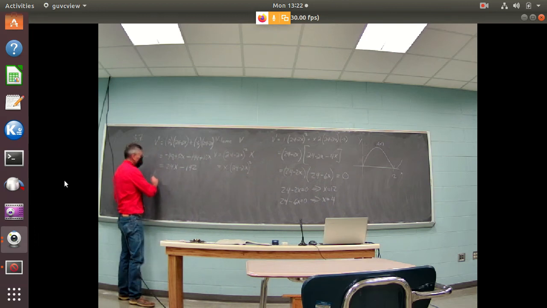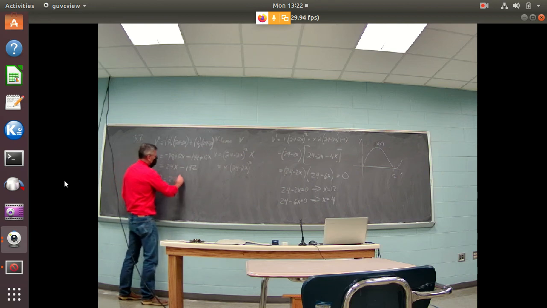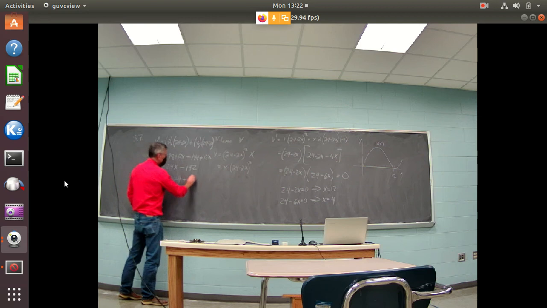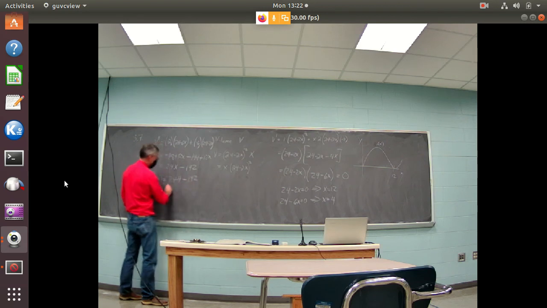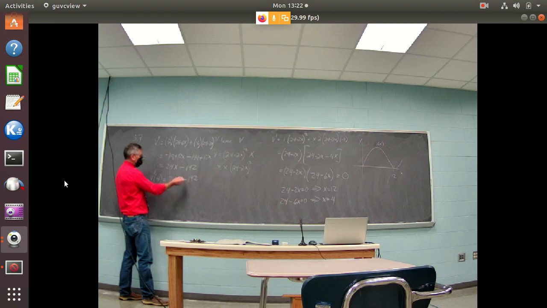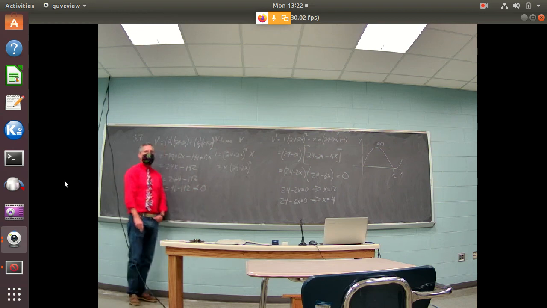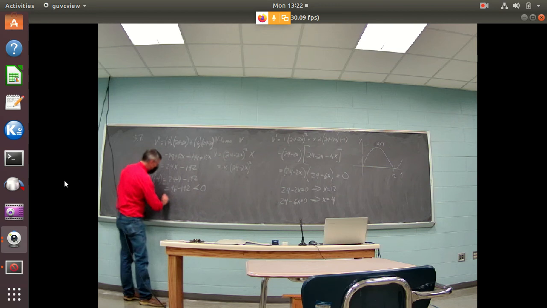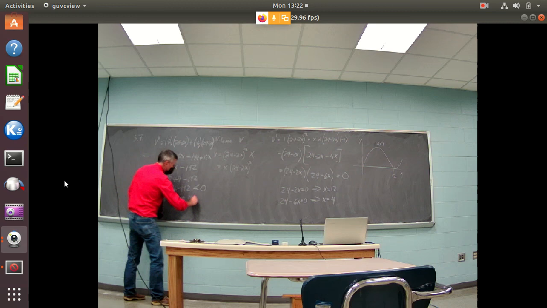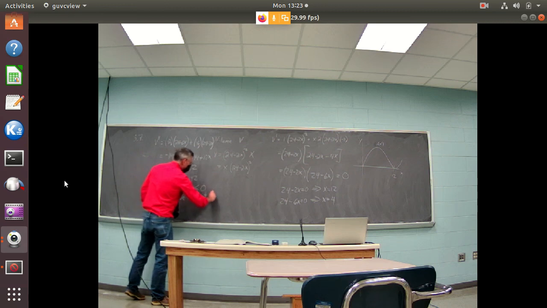So V double prime of 4, I get 24 times 4 minus 192, and that's 96 minus 192, and all I really need to know is it's negative. I don't really care what the value is. I just need to know it's negative. And so this is a relative max at x equals 4.